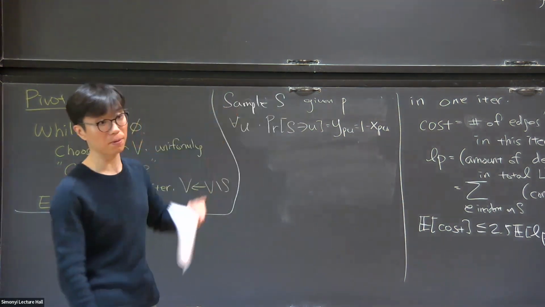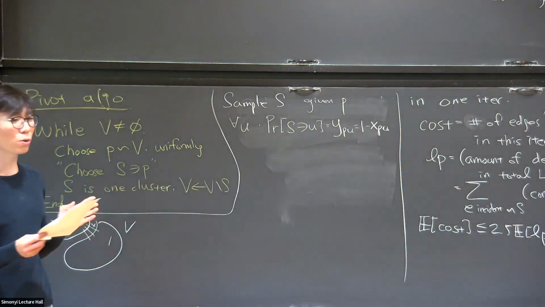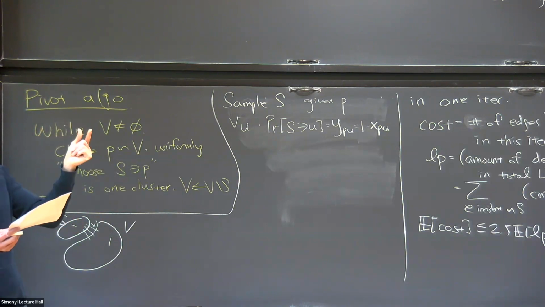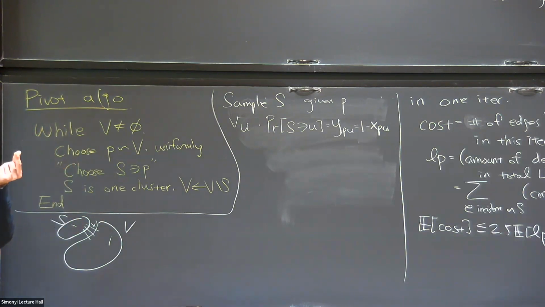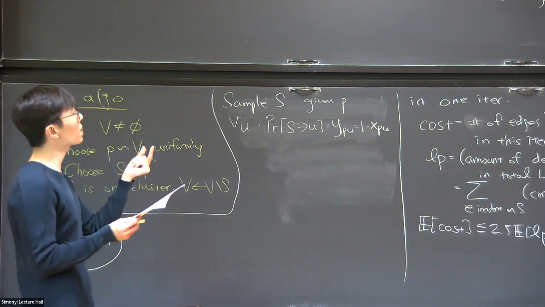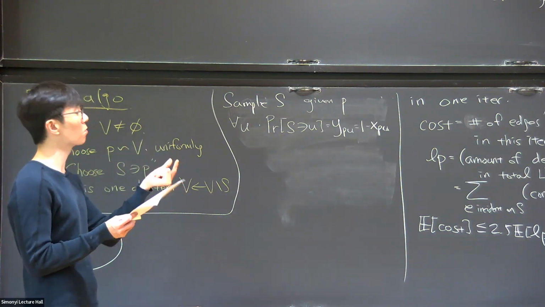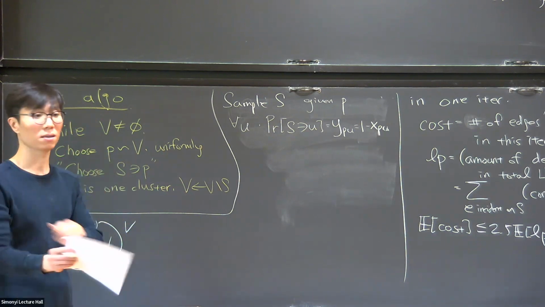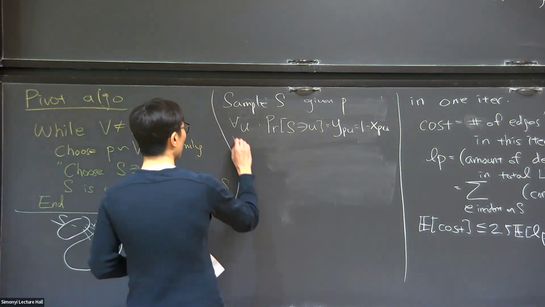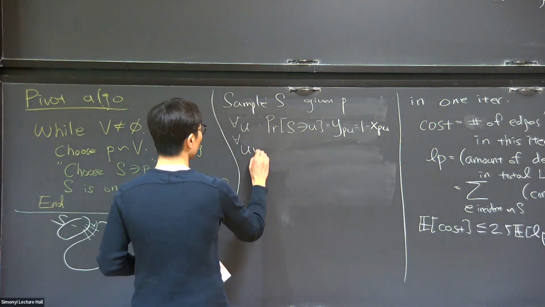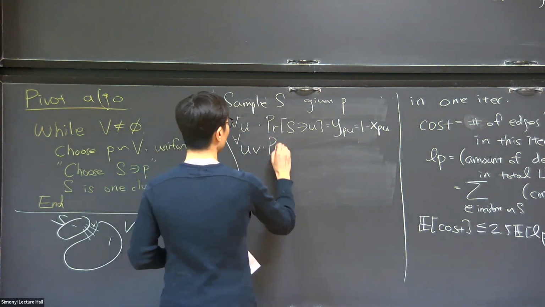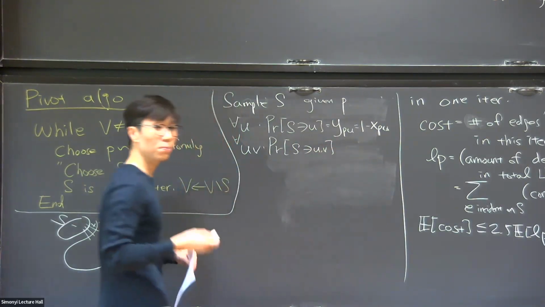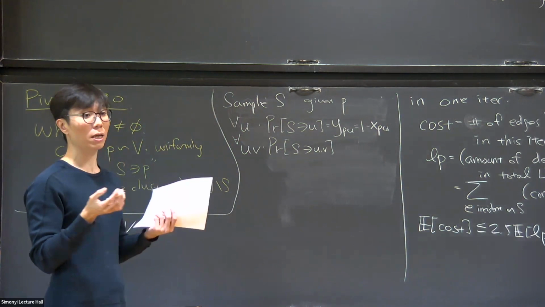But then, as witnessed by this stupid 2.5 example, we now care about what's happening between the two vertices, which is not P. I want to be sure the correlation of these two vertices exactly matches what is projected by the LP. So ideally, for any U and V, the probability that S contains both U and V is exactly what the LP thinks.